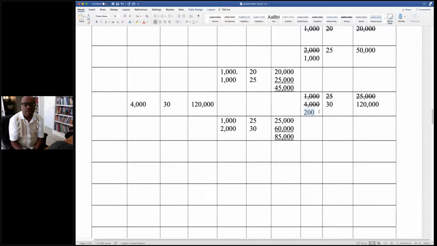Inventory chart, we're going to write down 1,000, 2,000. Oh, okay, you did 30, and it's going to be 60,000.